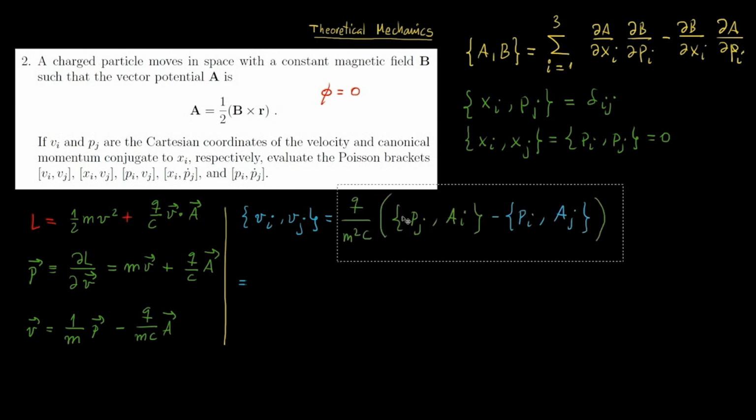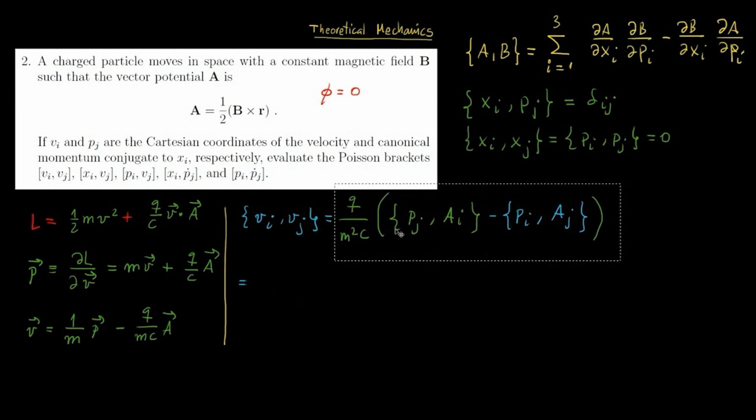We then have to work it out a little bit. We are interested now in calculating {p_a, A_b}. I write a and b to obtain a general formula and then substitute a and b by j, i or i, j. Okay, what is A_b?